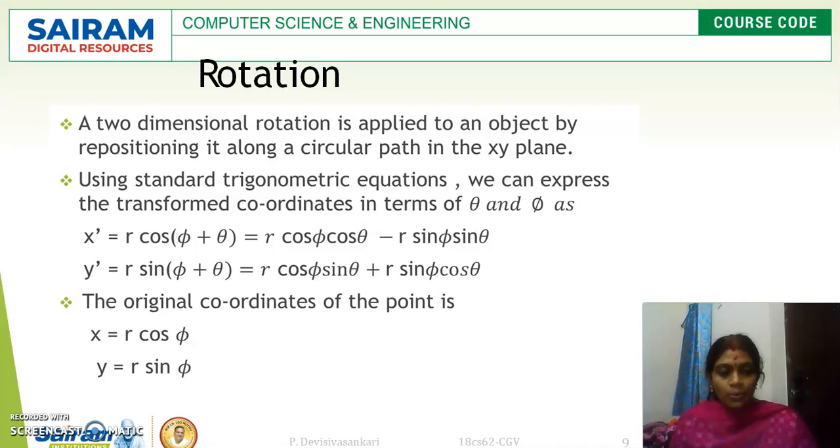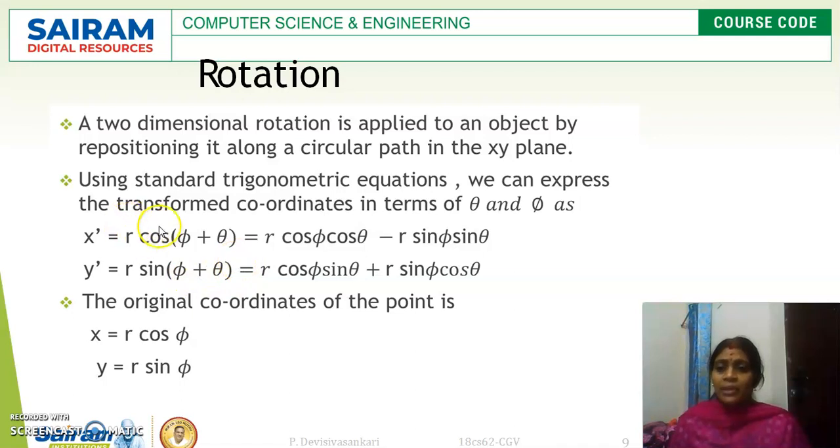We use the same equations so that we can easily express the transformed coordinates of the rotation in terms of theta as well as phi. So x dash is equal to r cos of phi plus theta, and y dash is equal to r sine of phi plus theta.